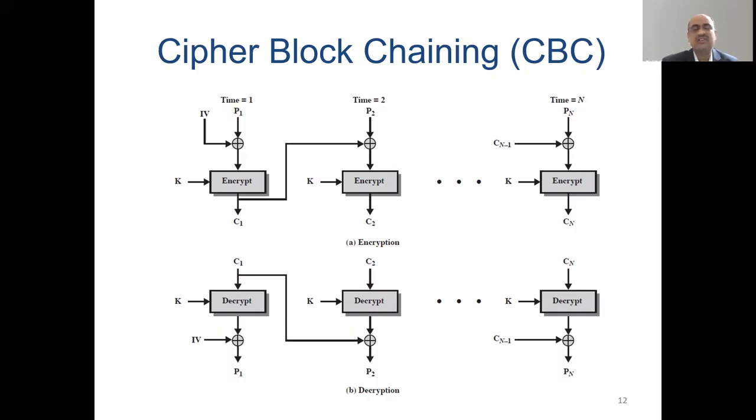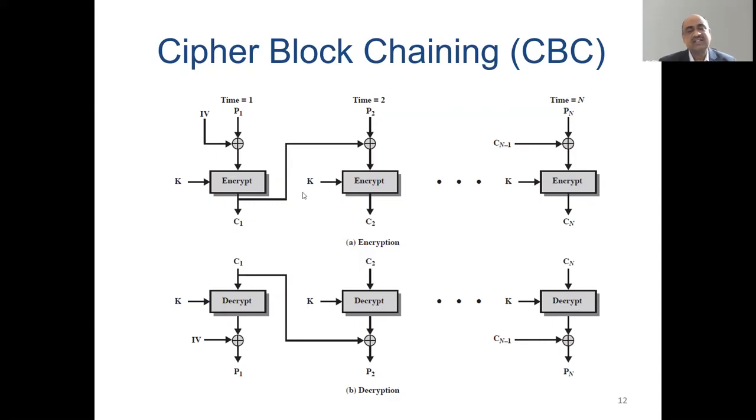The only difference, you can see in the diagram, is that C1 is given as an input for the second block, P2. So P2 depends upon C1, P3 depends upon C2, like that. Pn depends upon Cn minus 1. So one particular cipher text depends upon all the previous cipher texts.